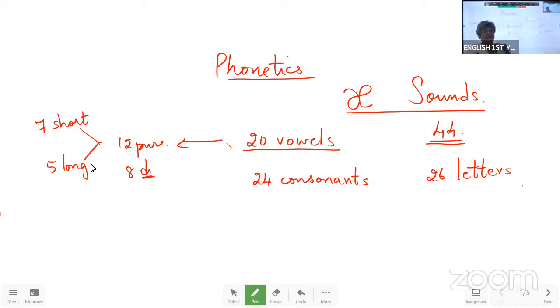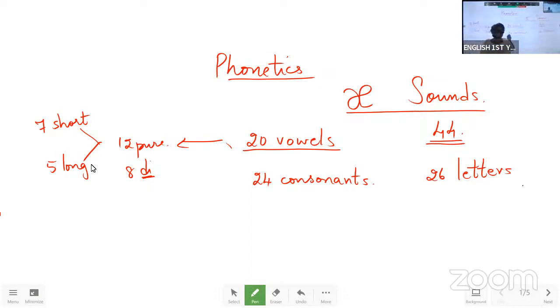Like take, for example, e, the short and the long sounds. So in phonetics also, the 12 pure vowels have 7 short and 5 long vowels. And like I said, 8 diphthongs.